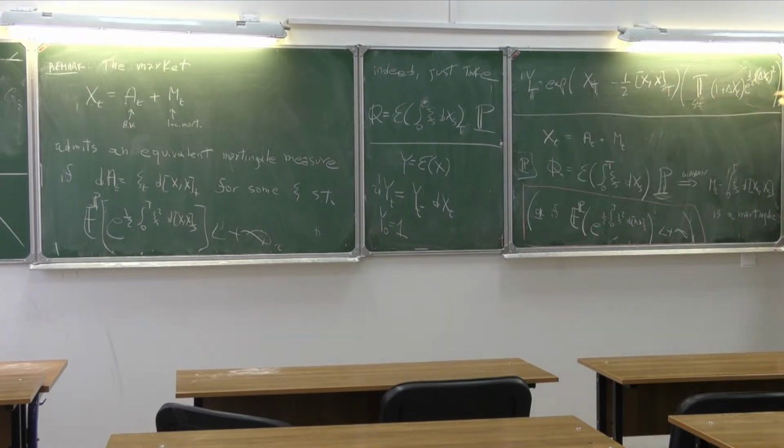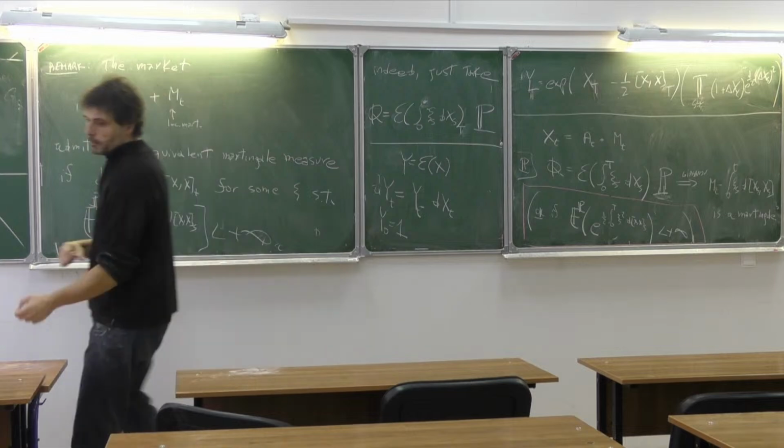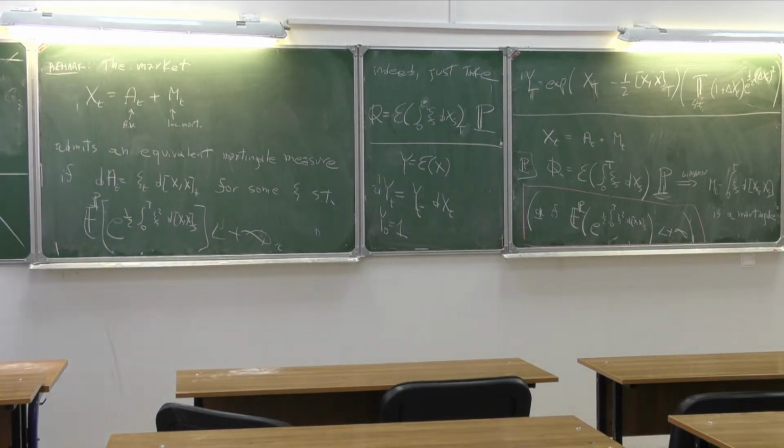So you give me the process, I can make the exponential. But if I only know the process at one time, I cannot make the exponential up to that time. It is a function of the whole process, depending on the process up to that time.